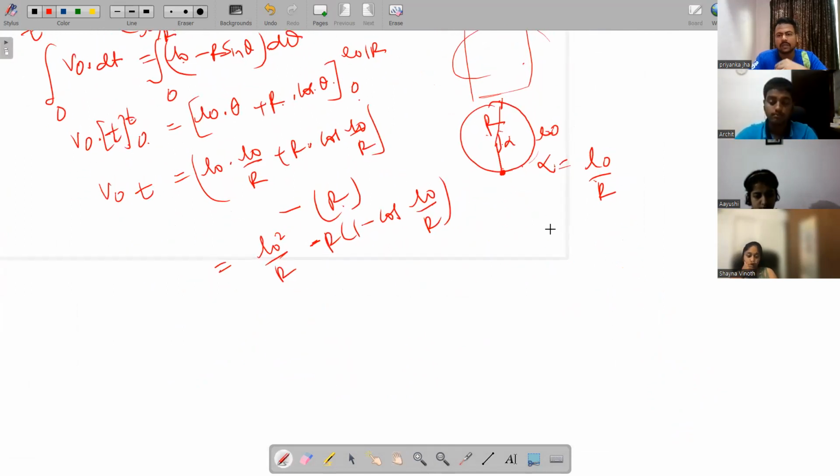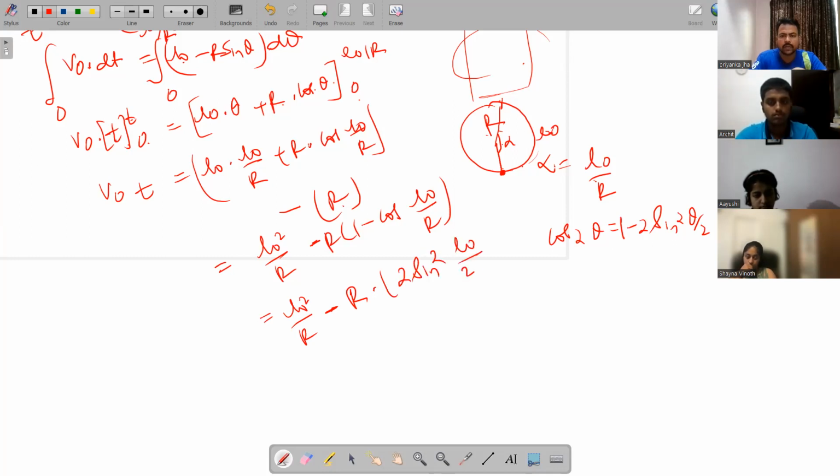Now apply the formula: cos 2 theta is 1 minus 2 sin square theta. So it will be L naught square by R minus R into 2 sin square of L naught by 2R.